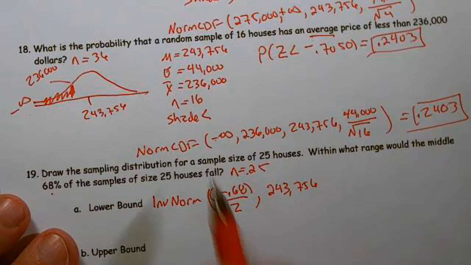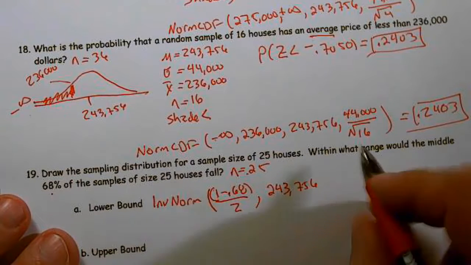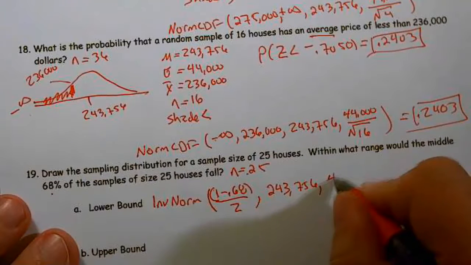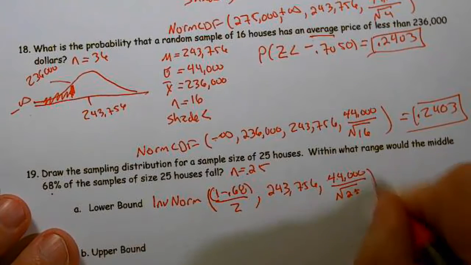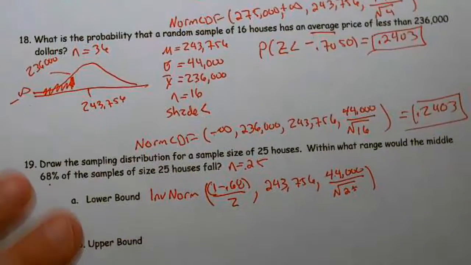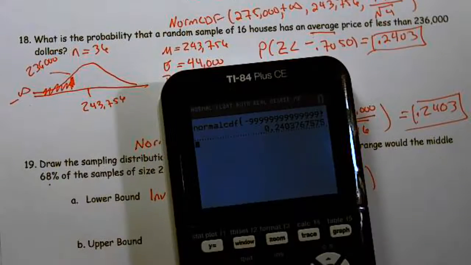But since our sample is size 25, our standard deviation is going to be 44,000 divided by the square root of 25.